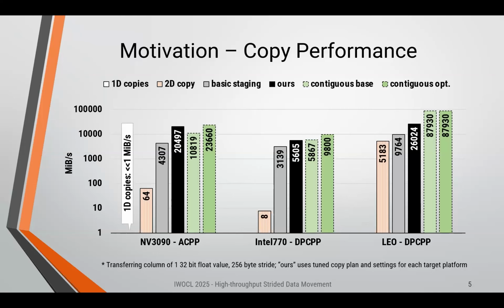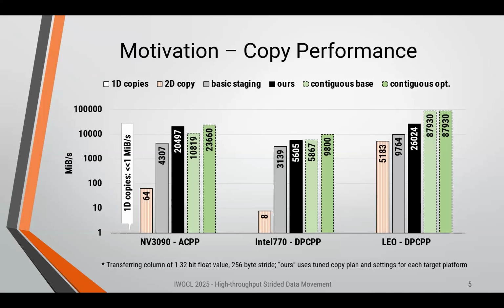For reference, the dotted lines are contiguous copies of the same size. So that's ideally the best you can do for the strided copy. And as you can see, for most of these platforms, ours, which is the library I'm going to talk about, gets very close to the contiguous copy performance, but this is for strided copies between the devices.